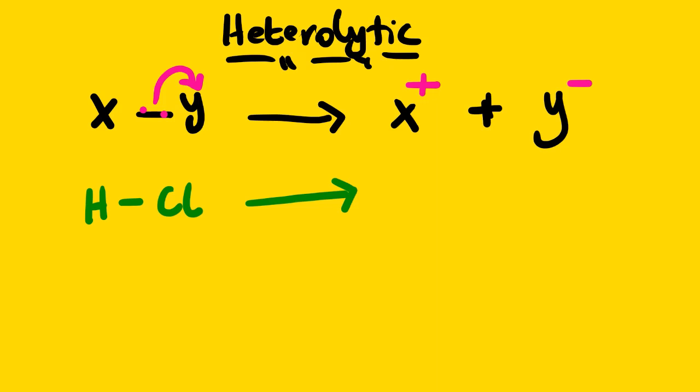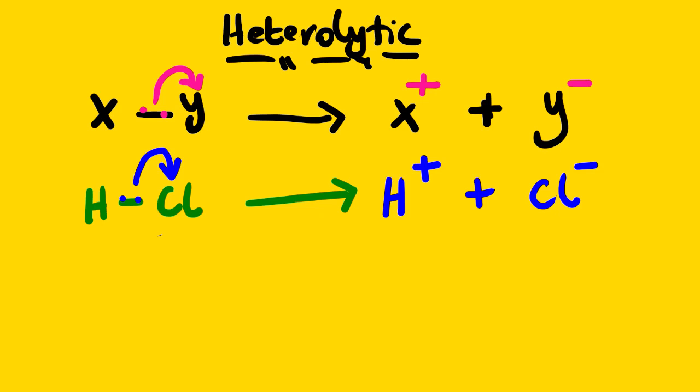We know that the negative charge normally would be more stable on an atom which is more electronegative. So in this case, chlorine is more electronegative compared to hydrogen. So it simply means that the sigma bond, or these two electrons, will shift to chlorine, and then it will result in hydrogen and chlorine. Our chlorine atom will be negative, our hydrogen will be positive.